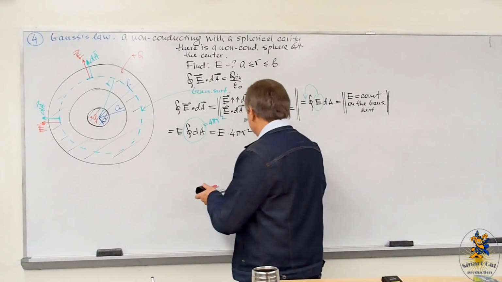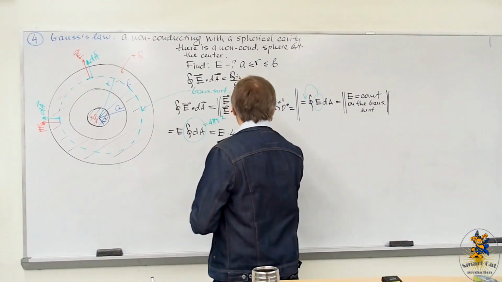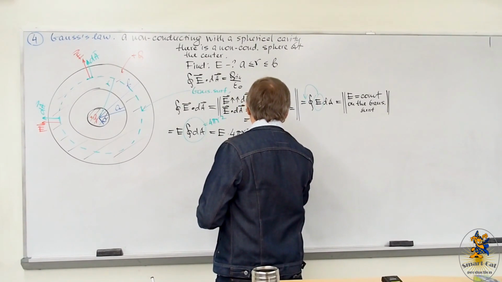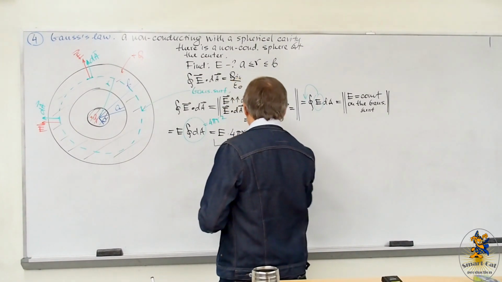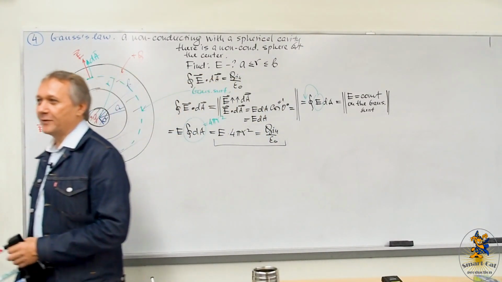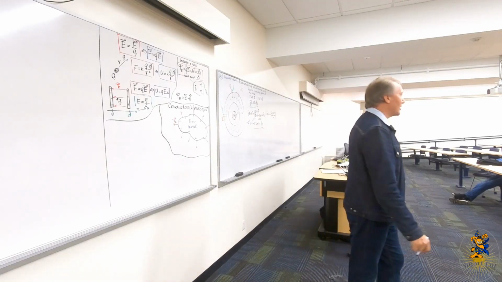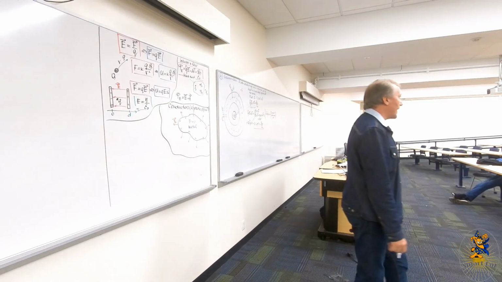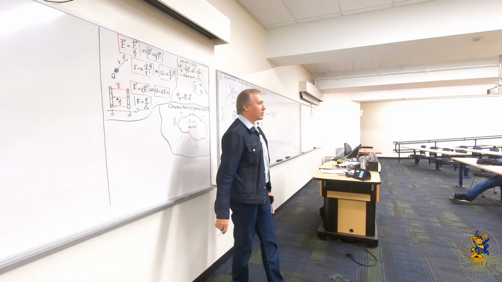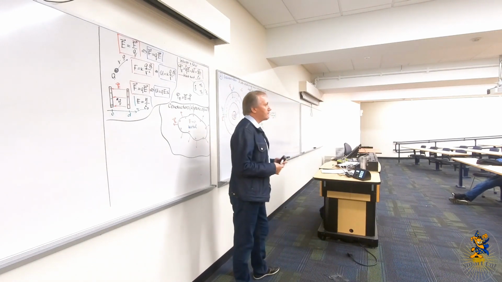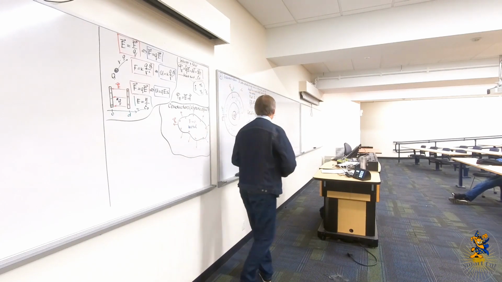And so according to Gauss's law, it must be equal to Q enclosed over epsilon naught. And now the fun part, finding the amount of charge within the Gaussian surface. That's where, I know, at least 70% of students make mistakes in this part of the problem.